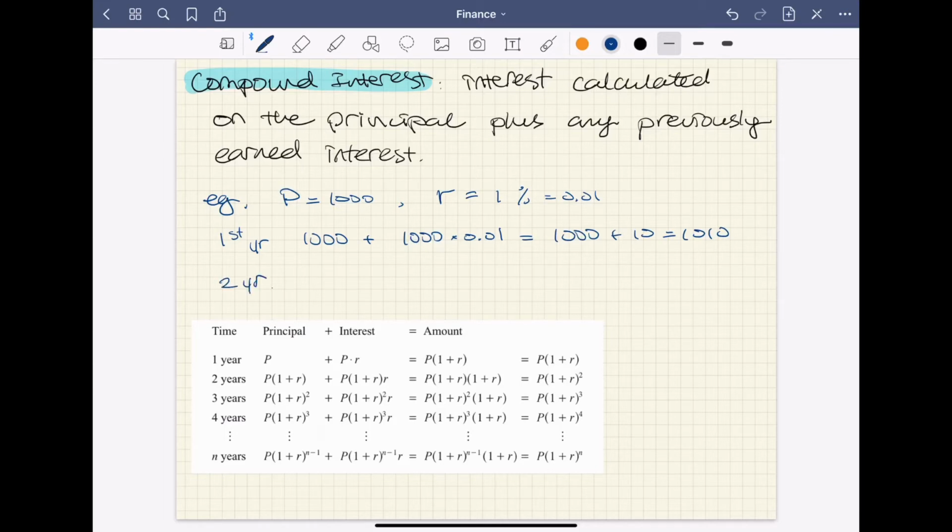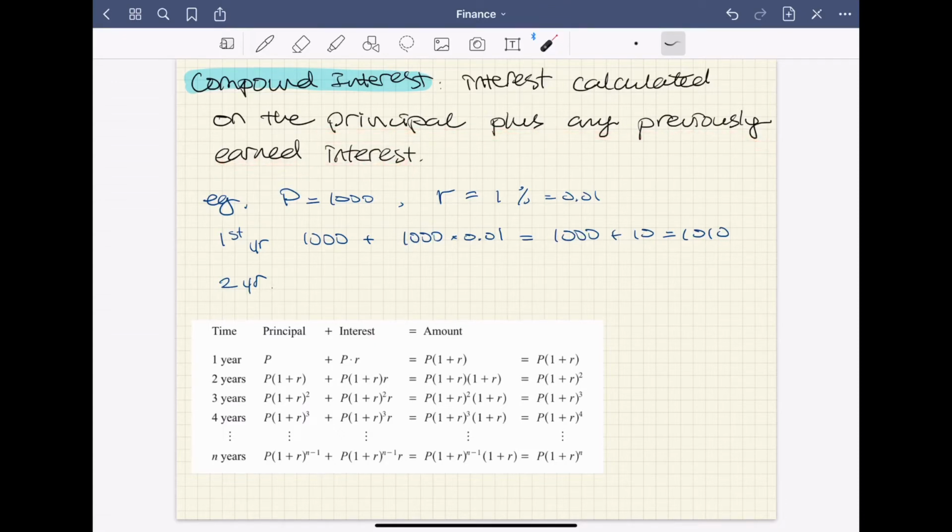Now, what is the amount that I'm gonna earn after the second year? What's the amount that I'm gonna receive after the second year? If this is calculated using the compound interest, then the principal is not 1,000 anymore. Remember that the compound interest is calculated on the principal plus any previously earned interest.